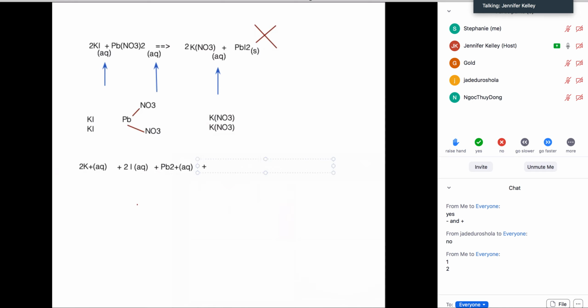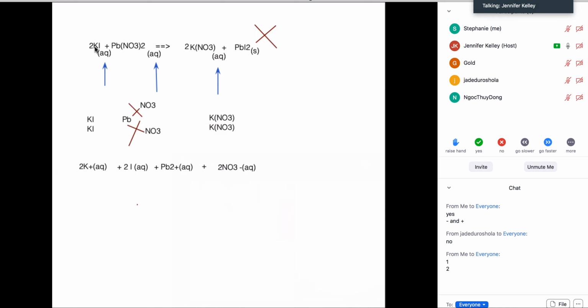Because what's going to happen is this bond here and this bond here are going to separate because it's ionic, and we'll just have a nitrate and a lead, and they'll be separate and floating around. And so that means I put 2 NO3 minus, like that.